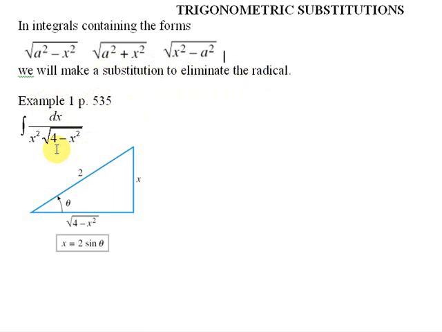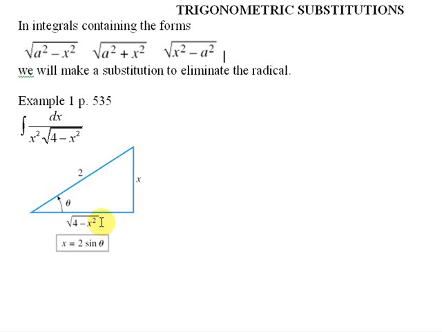Notice that we have the form 4 minus x squared in our denominator here. And if you recall, if we were to set up a right triangle with a side of length x and a hypotenuse of length 2, using the Pythagorean theorem, we would get that the other leg of the right triangle would have a length square root of 4 minus x squared.